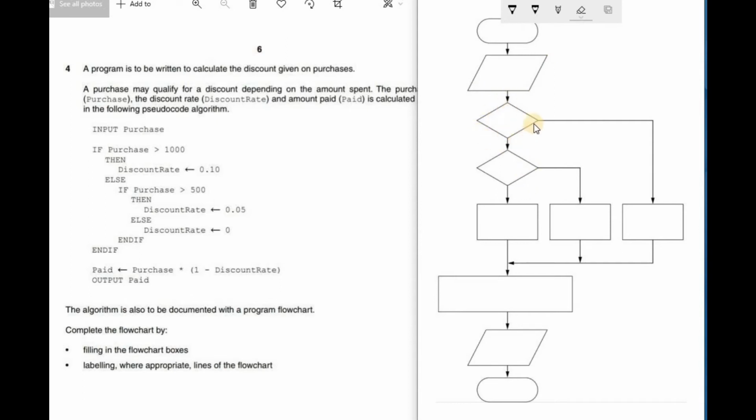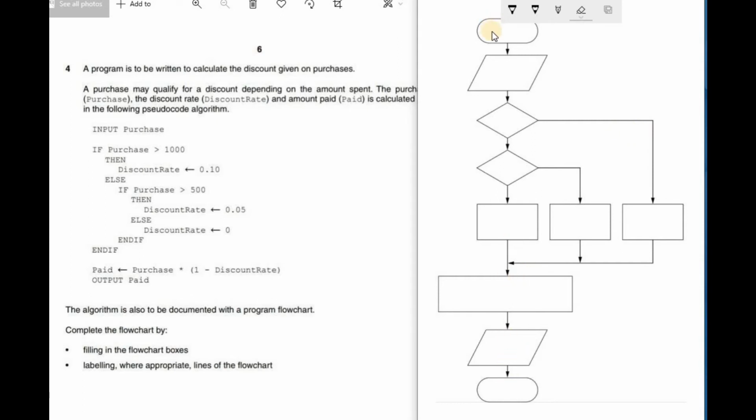Similarly, this diamond shape is showing the decision making, and this rectangle is showing the process, any change in the variable or process. And these lines are showing the flow of instructions, right?